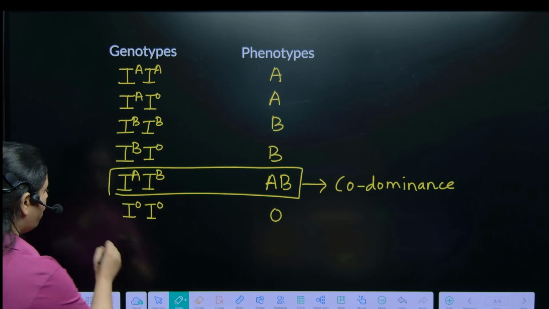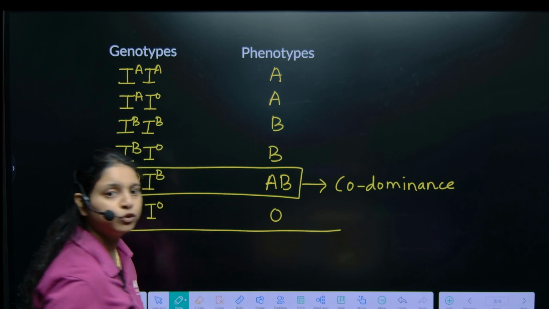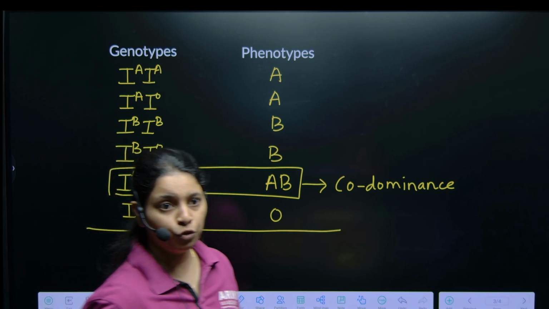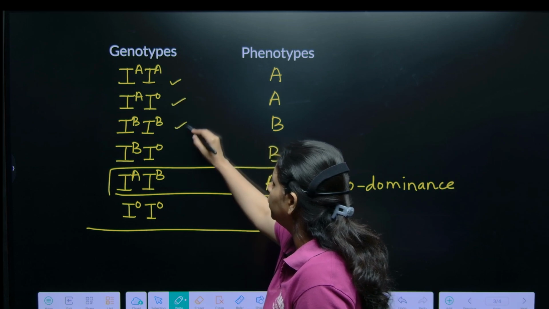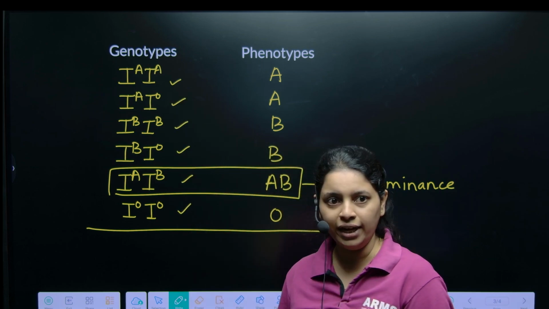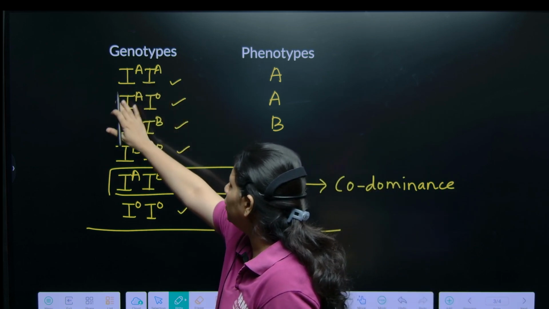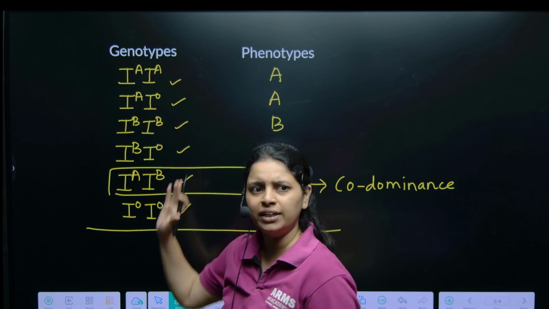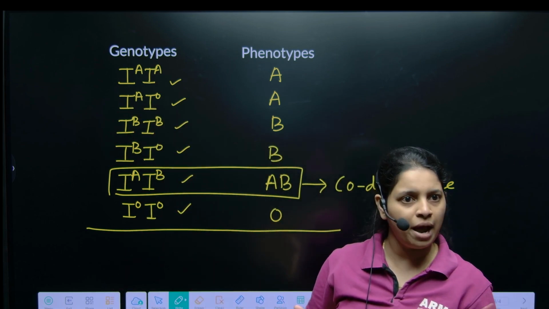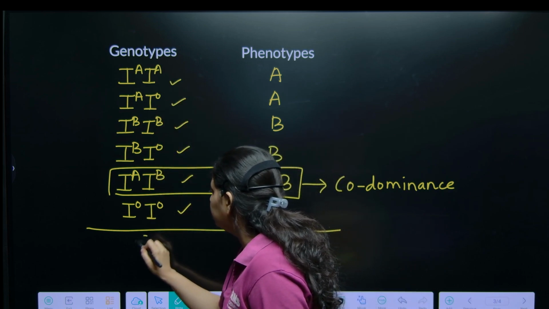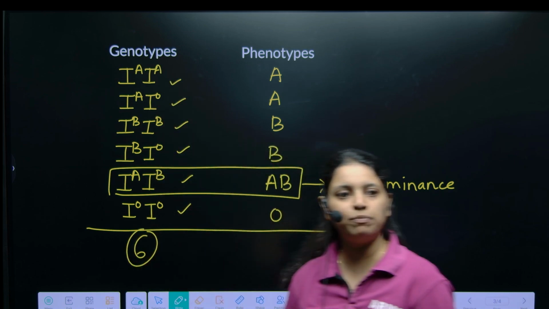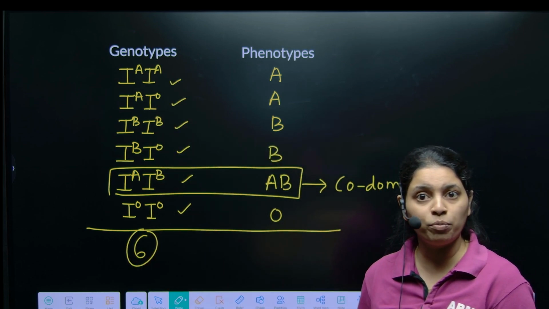Okay. So how many different types of genotypes and phenotypes do we see here? Count the number of genotypes. We have 1, 2, 3, 4, 5, 6. The first or the second copy which we have written may come from the maternal side or paternal side, vice versa. So there are 6 genotypes possible with respect to the ABO blood grouping system.